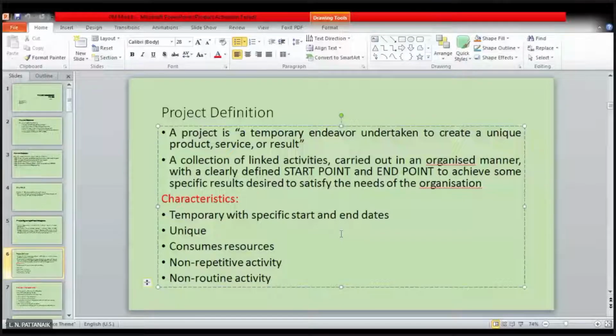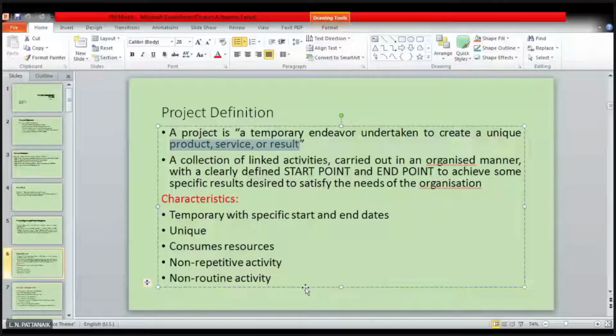Agreed that you are doing a temporary effort or endeavor, but for what? To create something. Your project created something. For example, in that windmill example, you created a model of a windmill and sold it to the school. That is a product, a physical product. Suppose a project is there to develop a new airport, that is a product.